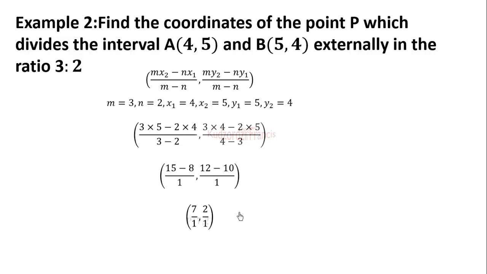Hence, P has coordinates 7, 2. So that is how we use the external division of a line formula to calculate for the points that divides the line segment AB in the ratio 3:2 externally.